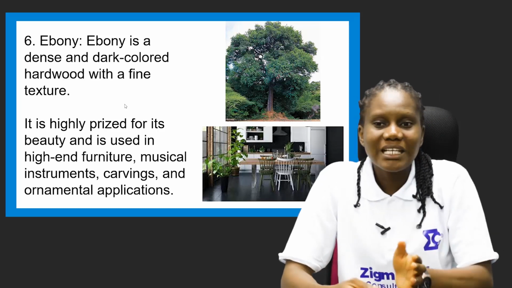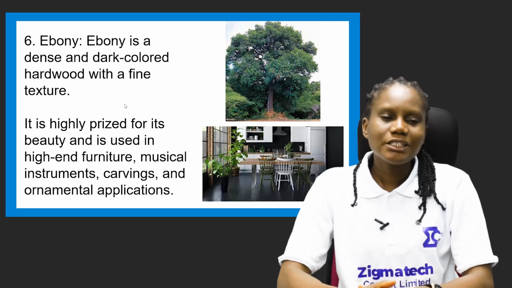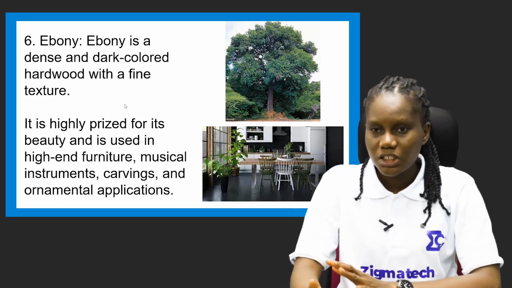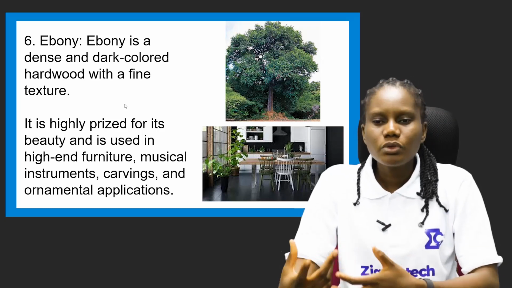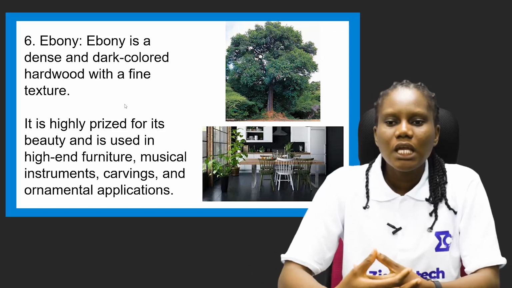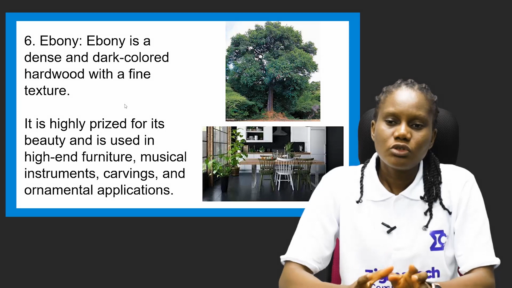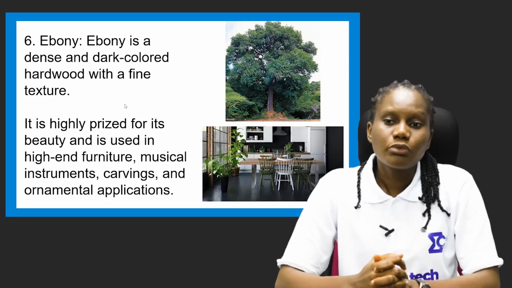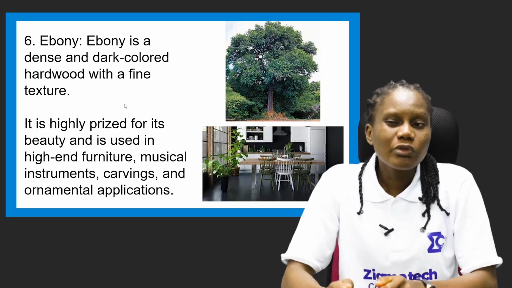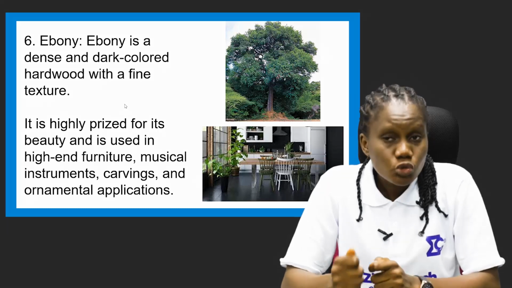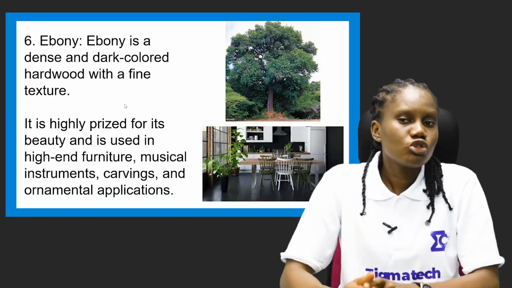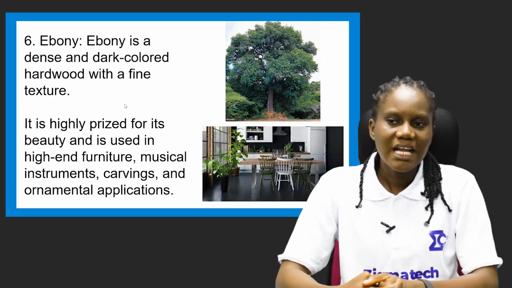It is highly prized for its beauty, and it is used in high-end furniture, musical instruments, carvings, and ornamental application. If you remember when I talked about hardwood, I told you that it is used in the production of musical instruments. One of the major woods used in the production of musical instruments is ebony, and it's dark.